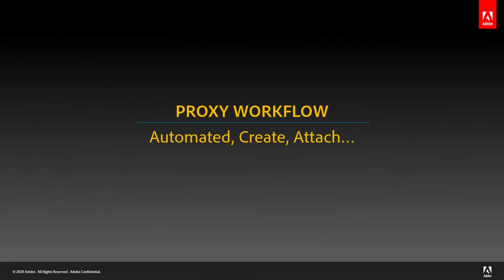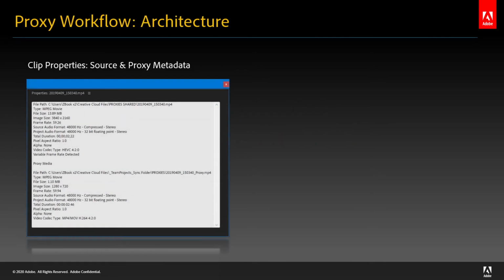Proxy workflow: automated, create, attach. The bottleneck of a remote video workflow comes down to the speed of sharing working assets. Proxies can dramatically decrease file size while maintaining frame-accurate edits. The media container in Adobe Premiere Pro can hold 2 levels of clip metadata.